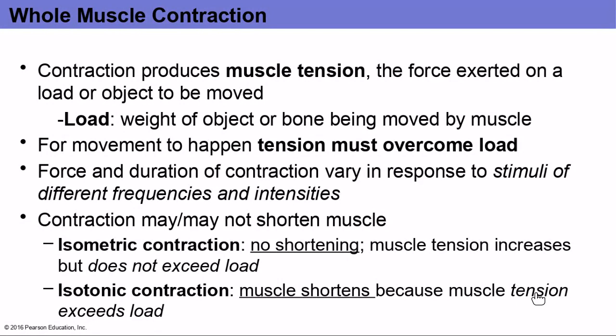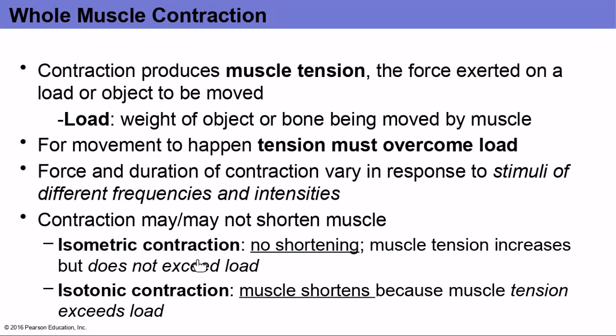So when the myosin head of the thick filament joins with the thin filament, this creates a force. This creates a tension in the muscle. And as long as we have enough tension, we're going to be able to move or lift a load, right? And this is associated with muscle shortening.